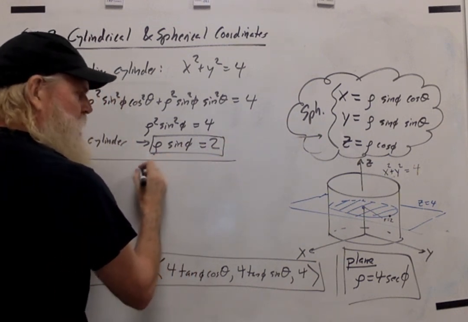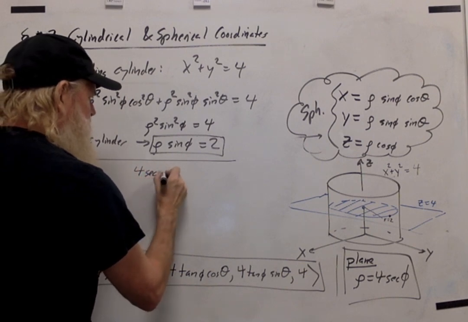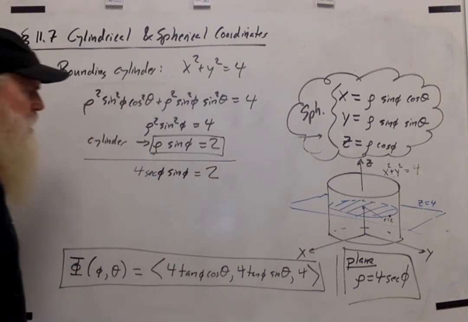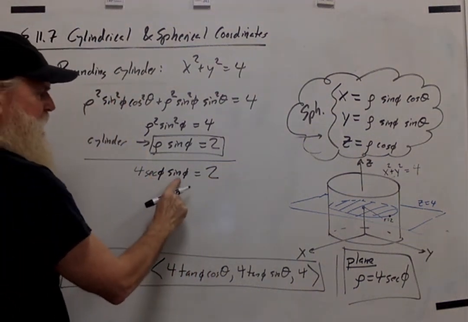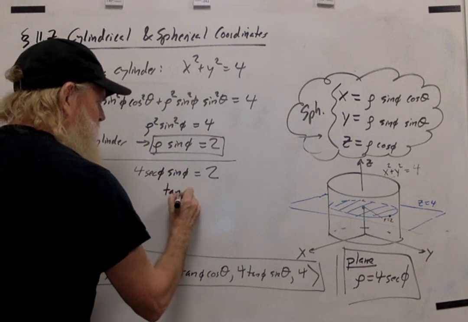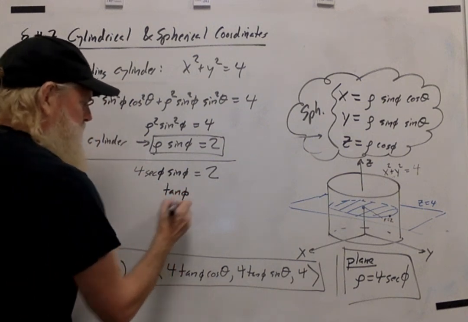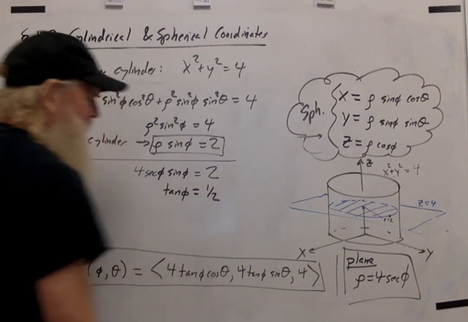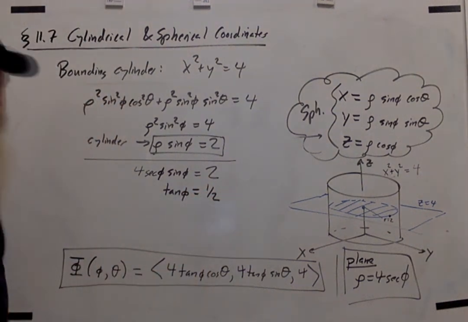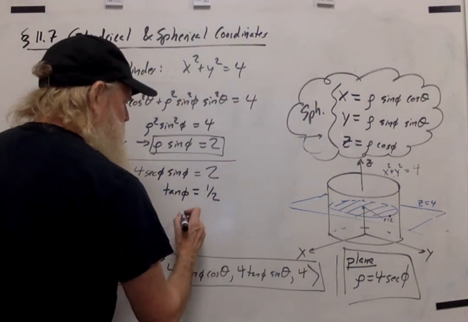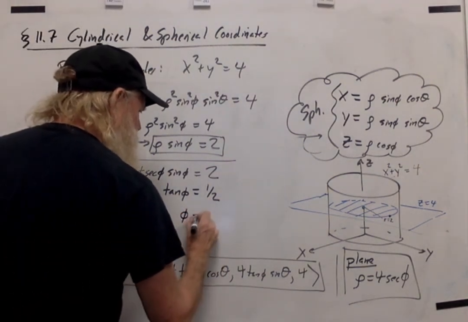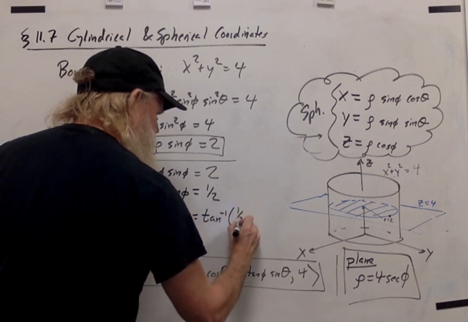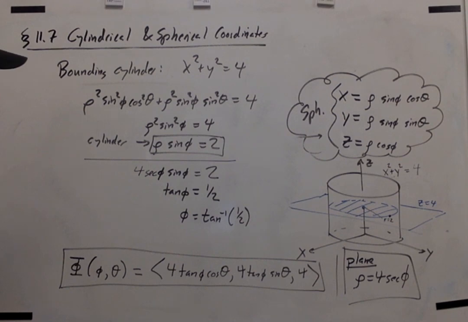That will give me 4 secant phi times sine phi equals 2. Secant phi times sine phi is tangent of phi. And if I divide both sides by 4, I get tangent phi equals 1/2. So the two surfaces intersect when phi is equal to the inverse tangent of 1/2.